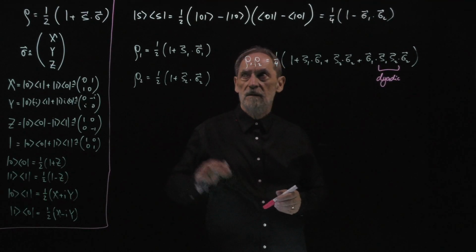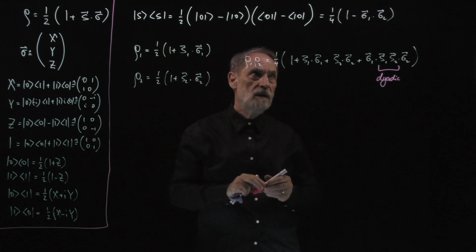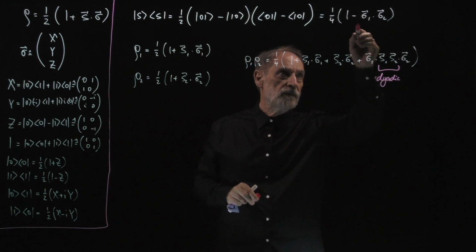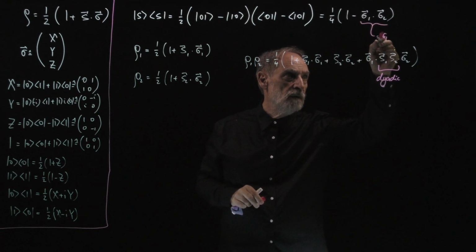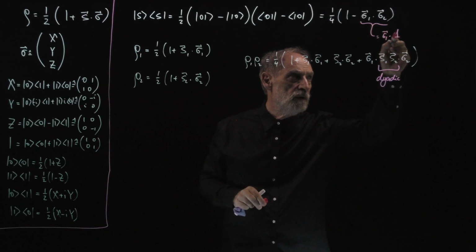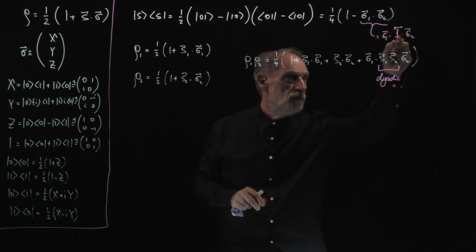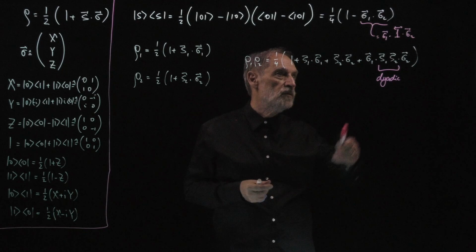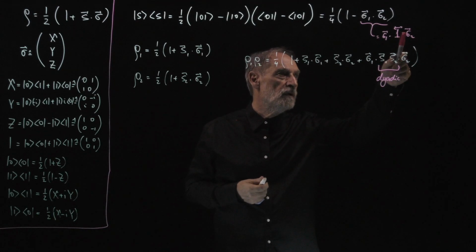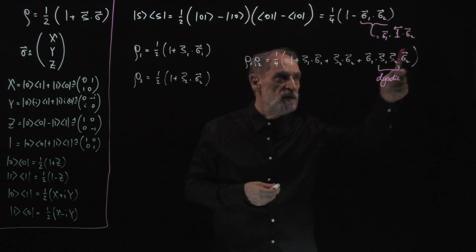In fact, in the singlet ket-bra, we also have such a structure with a dyadic, namely sigma 1 dotted into the unit dyadic dotted into sigma 2. Now the unit dyadic is of course exactly what you think it is. You dot the unit dyadic into a vector on the right, it reproduces that vector.